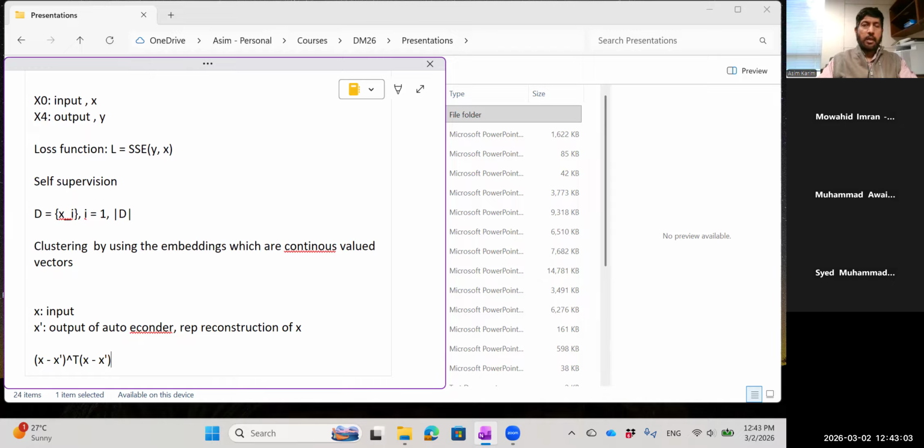So you're trying to minimize the difference. This is by the way the L2 norm. ठीक है. Or it's also equivalent to the sum of squared error, but vector notation में मैंने लिखा हुआ है. We are trying to minimize the difference between x, that is the actual input, and the input that is regenerated by the decoder as x prime. ठीक है.